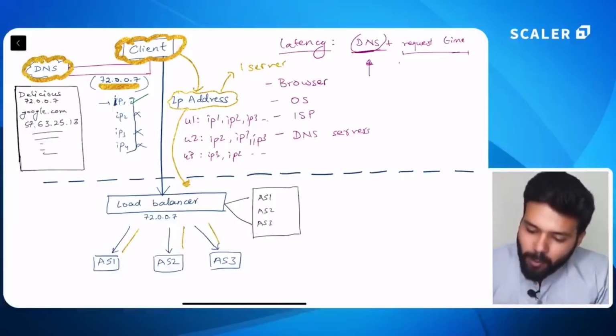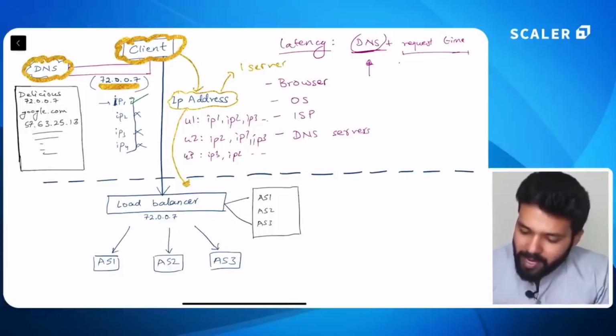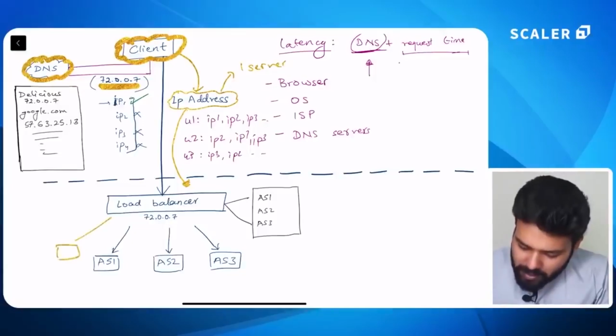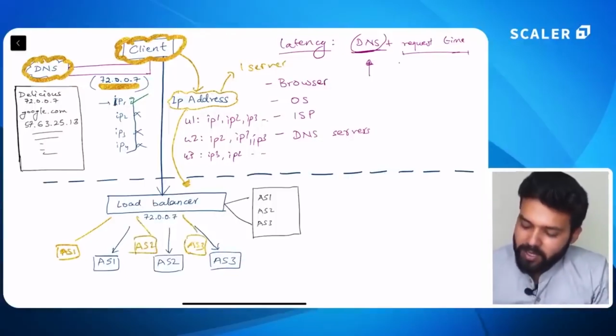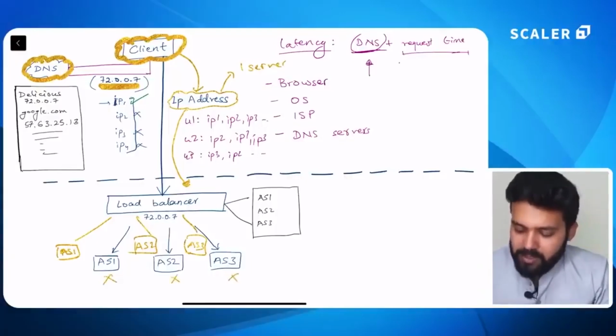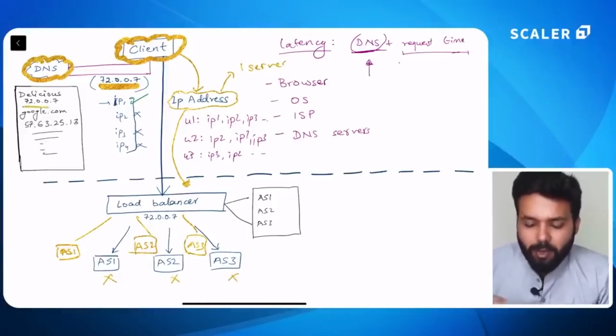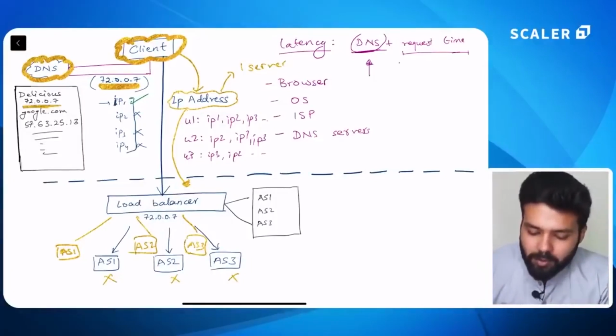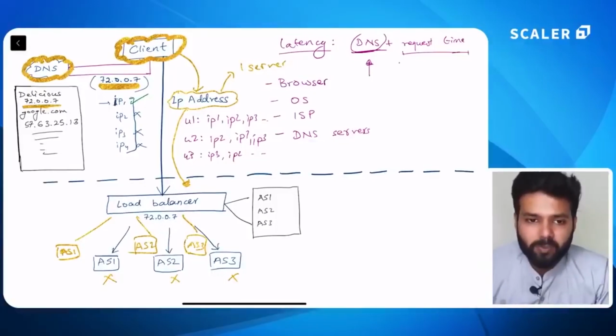So if we have to update the code of my application server, all I need to do is add more application servers, let's say AS1, AS2 and AS3, register these application servers in the load balancer and deregister the older ones, and I have saved myself from updating the DNS record. If this was the one server case, the IP address of that one server would have changed and I would have to update the DNS mapping as well.